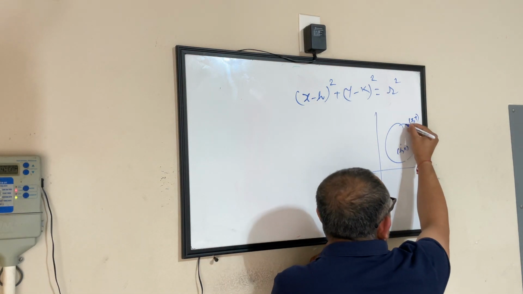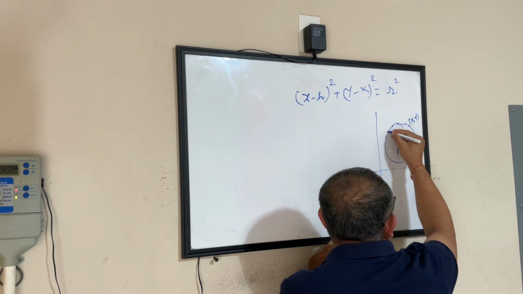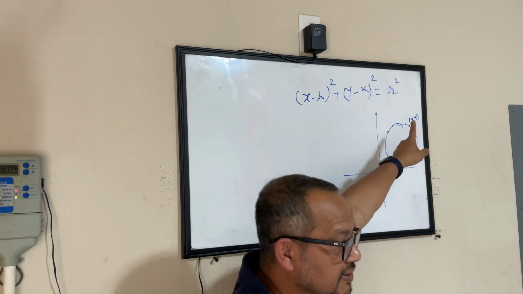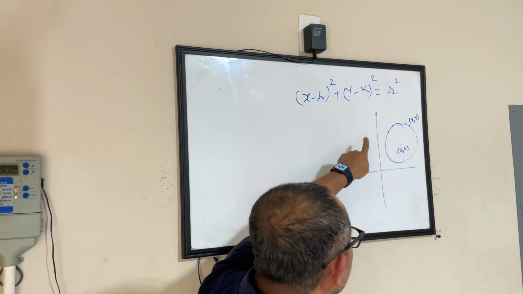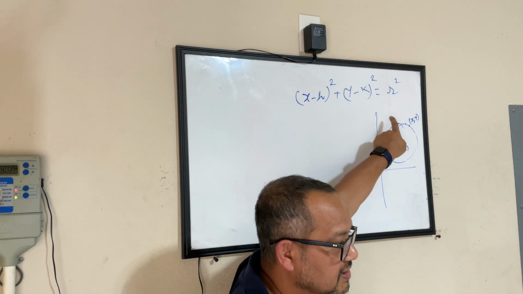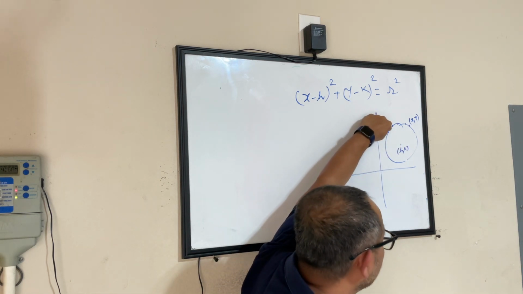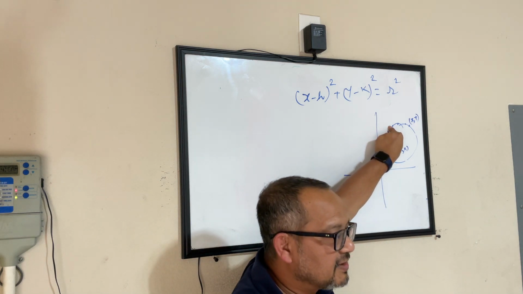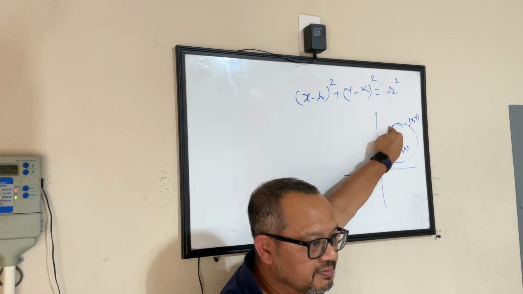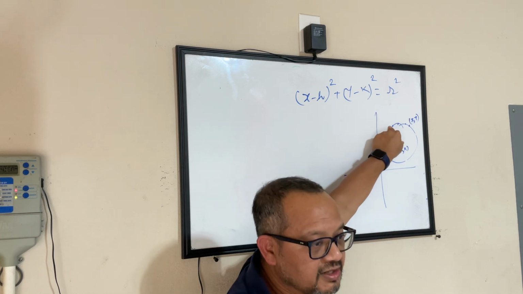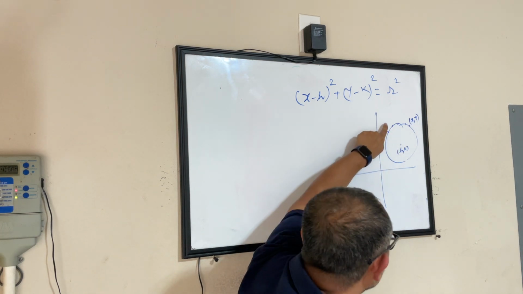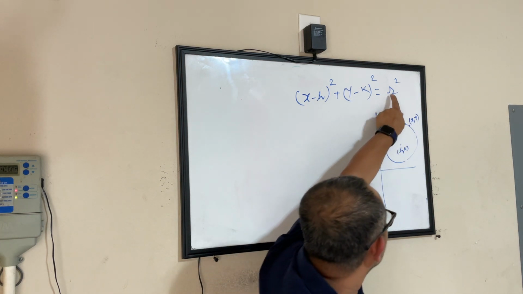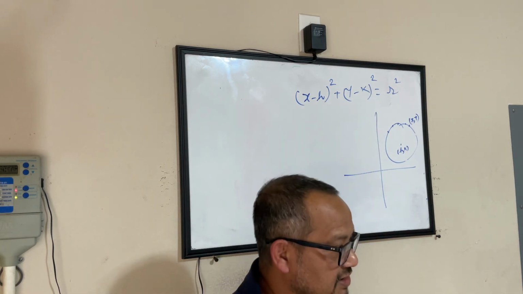X and y can change from here to here, and your x and y value will change. What would not change is the relationship between the center and any point on the perimeter of the circle. The distance between the center and that point on the perimeter will remain your radius. Your x and y coordinates would change. Your radius would not change, and h and k will not change.